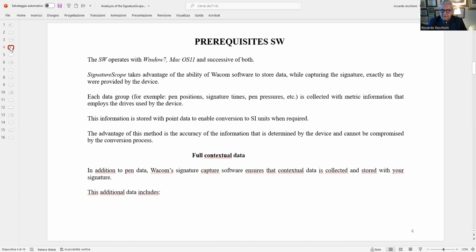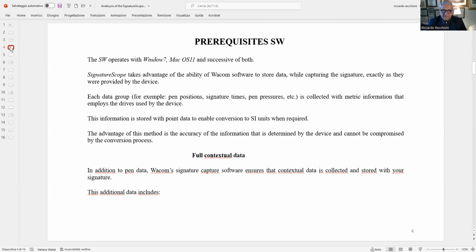Signature Scope takes advantage of the ability of Wacom software to store data while capturing the signature exactly as they were provided by the device. Each data group, for example pen position, signature times, pen pressure, etc., is collected with metric information that employs the units used by the device.